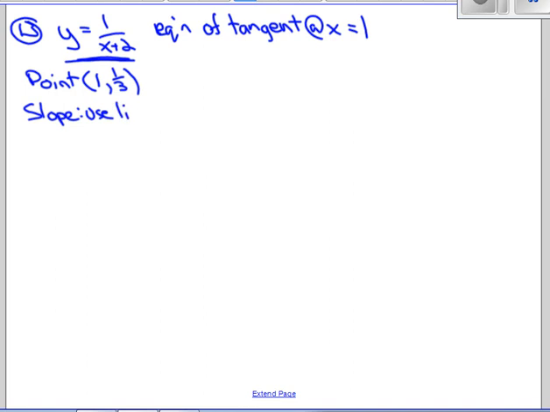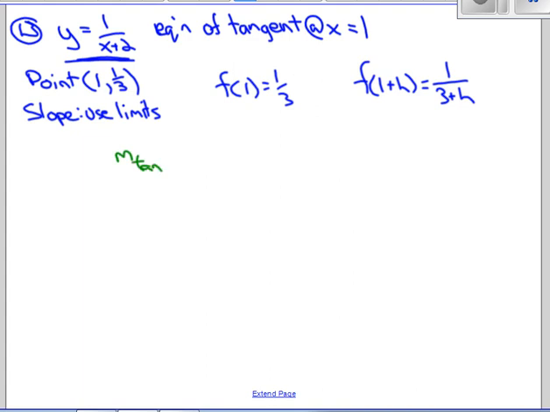Use limits. Yay. Okay, and to use those limits, we need to know f at 1, which would be 1 over 3. And we need to know f at 1 plus h, which would be 1 plus h plus 2 on the bottom, or 1 over 3 plus h. Okay. Now we're ready to find the slope of the tangent.